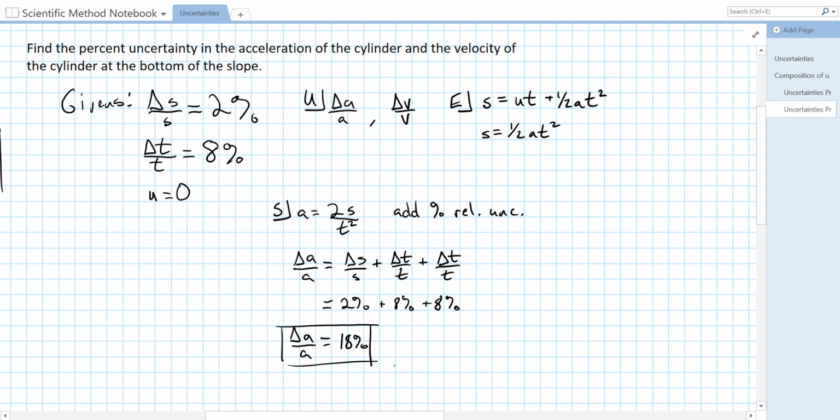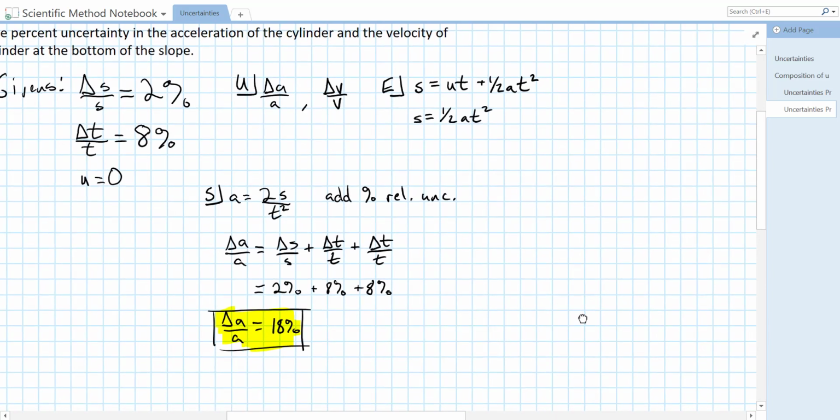Awesome. Now, the other thing we need to find is the percent uncertainty, or the fractional uncertainty, in the final velocity v. Now, since we know the percent uncertainty in A, we could actually use pretty much any kinematics equation we want.